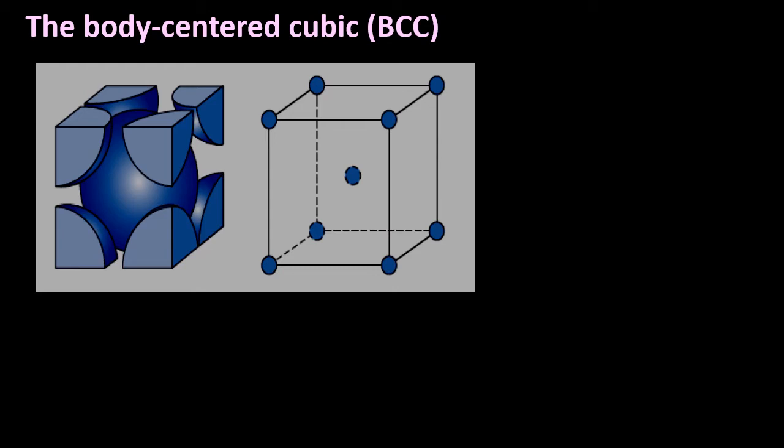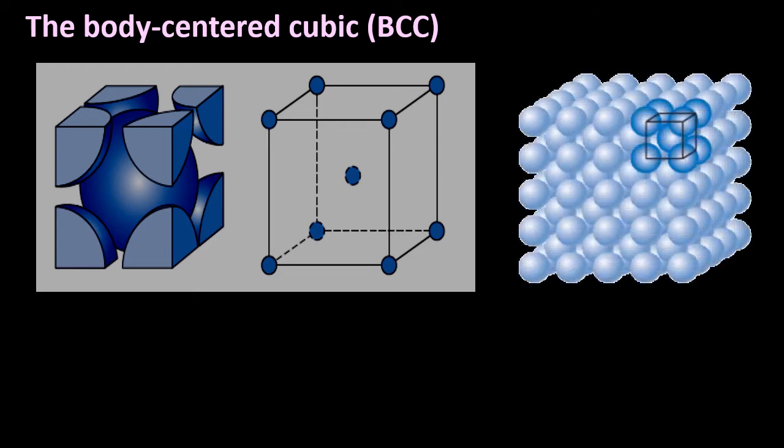Again, each corner atom is shared among 8 unit cells. Here you can see the aggregate of different unit cells within the body-centered cubic crystal structure. This is the body-centered cubic unit cell, and each corner atom is shared among 8 unit cells, so it contributes only its 1 by 8th part.